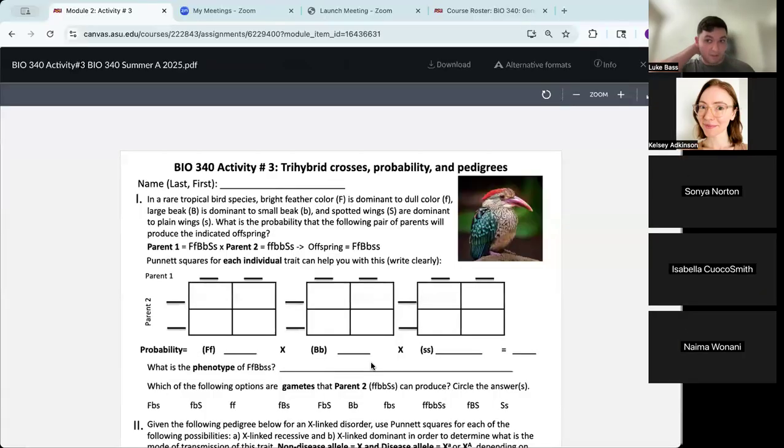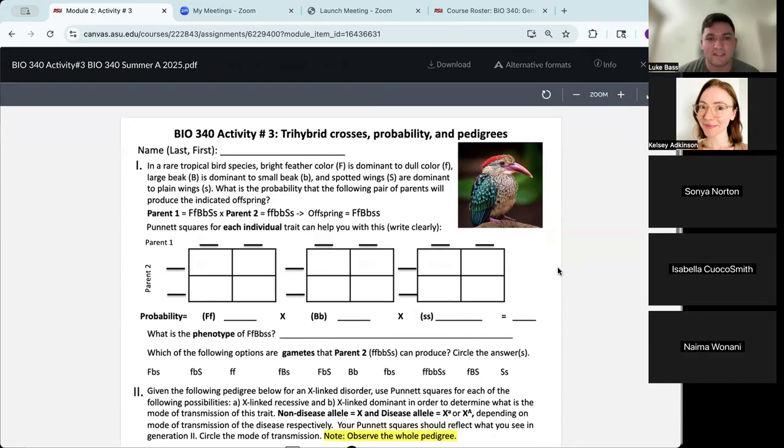I'll start by sharing my screen just to go over activity three. If you have any questions as I'm talking, feel free to stop me in my tracks, and then we can discuss one of the questions deeper or further. Overall, this activity three is just to get you more comfortable with crossing multiple genes at one time. So here is a trihybrid cross.